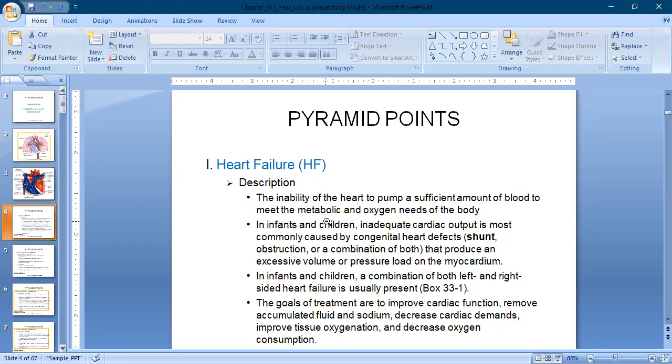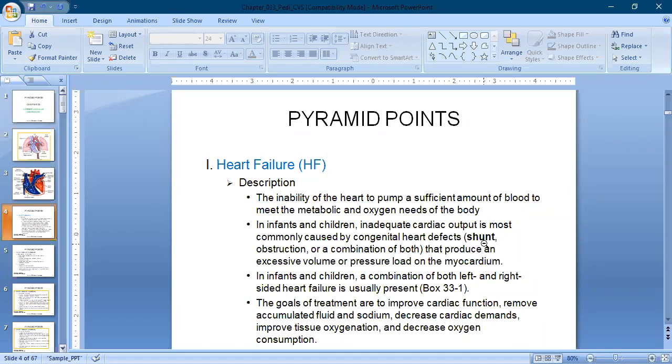So if we have a congenital heart disease, as I told you, it leads to heart failure. So we must know the signs and symptoms of heart failure. In infants and children, inadequate cardiac output is most commonly caused by congenital heart disease.